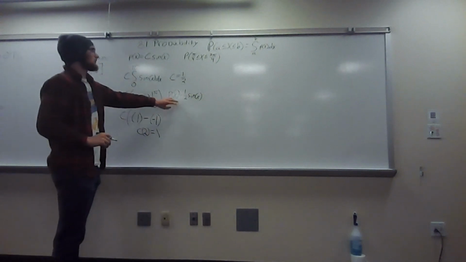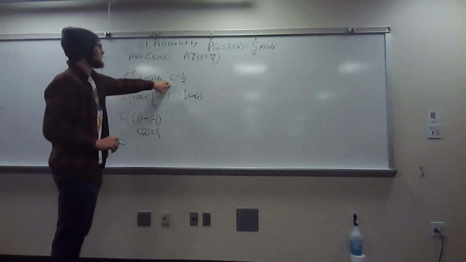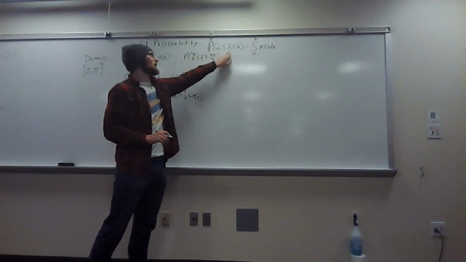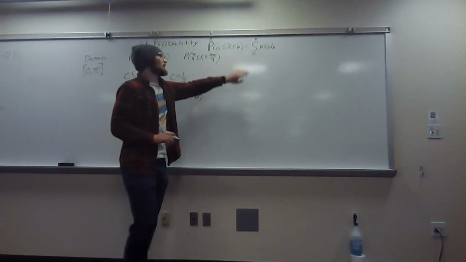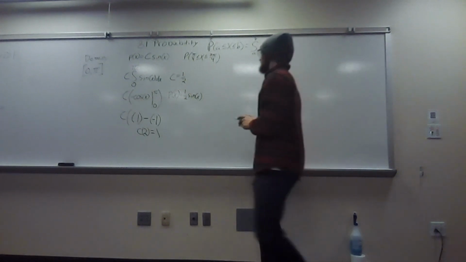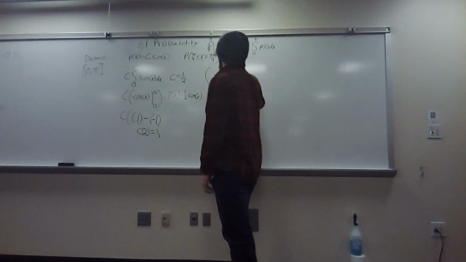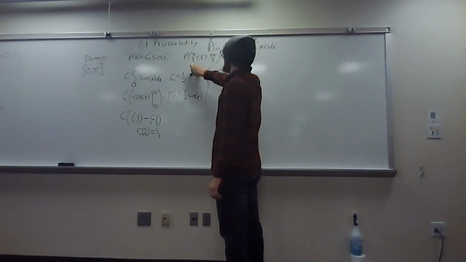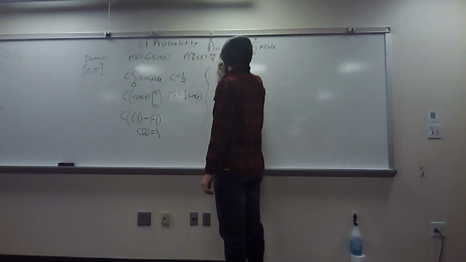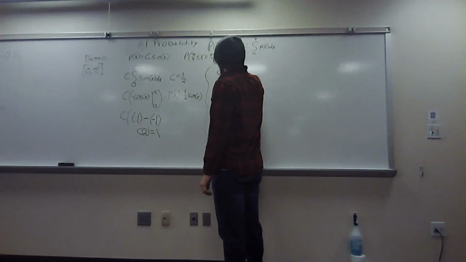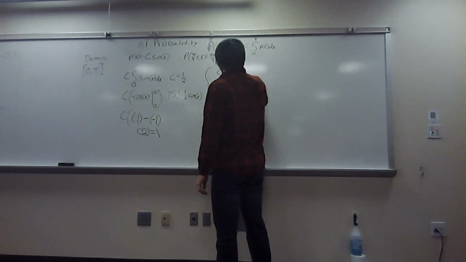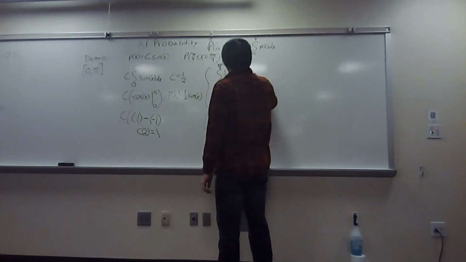So since we have our p with the constant that we found, we can plug this into our probability function up here, where the probability of our random variable from a to b is equal to the integral from a to b of p of x dx. So if we work that out over here, we have our integral from our lower limit, which is pi over 4, to our upper limit, which is 3 pi over 4. And then we plug in our p of x, which is 1/2 sine of x dx.